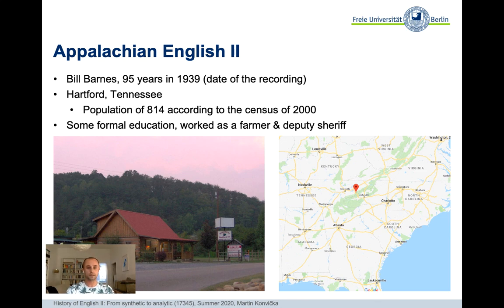The person is called Bill Barnes, and the recording on which the text is based originates in 1939, right? So almost 100 years ago. And at that point, Bill Barnes is 95 years old, right? So you have this connection between present-day English, the way English looks basically now, and Bill Barnes being born in the period that we would consider to be late modern English, the 19th century.